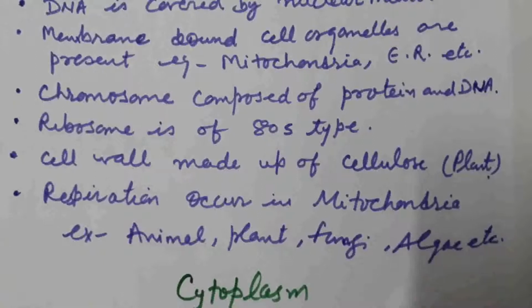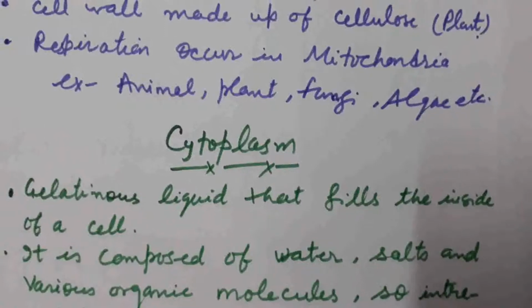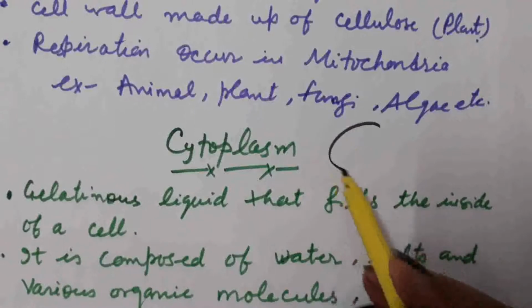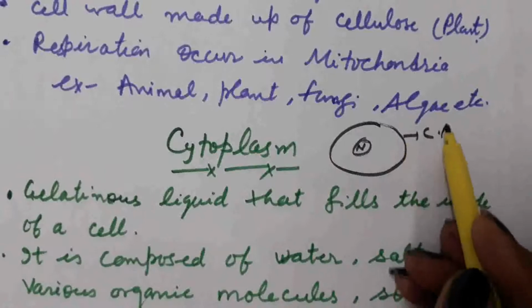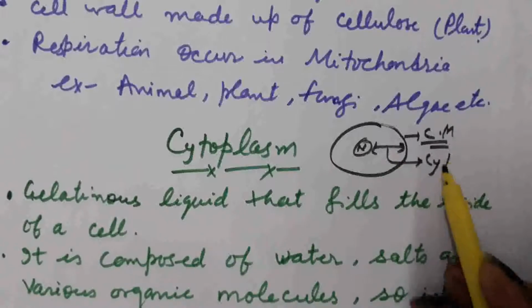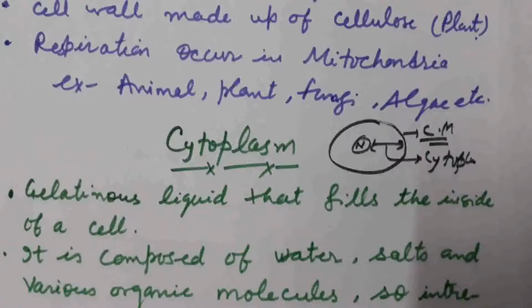Now we are going to discuss something about the cytoplasm. What is cytoplasm? I told you in the start of the video, the area of the cell which is present between the cell membrane and nucleus is known as the cytoplasm. Cytoplasm is a gelatinous liquid, jelly-like substance, that fills the inside of a cell and is present between the cell membrane and the nucleus. What is the composition of cytoplasm?